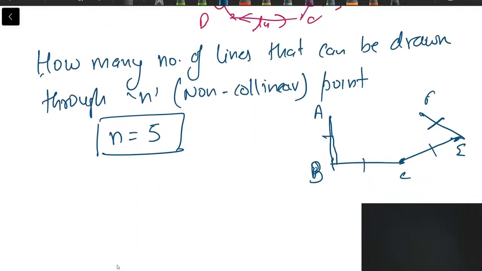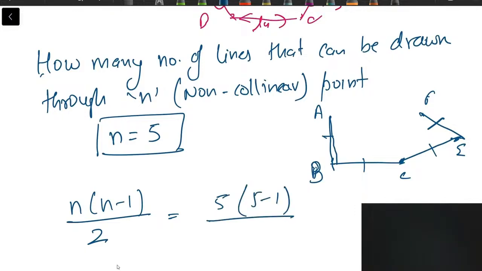The formula for this is n times (n minus 1) divided by 2. Let's take n value as 5 here. So 5 multiplied by 4 divided by 2. So how many lines can we draw with these 5 points? 10 lines.